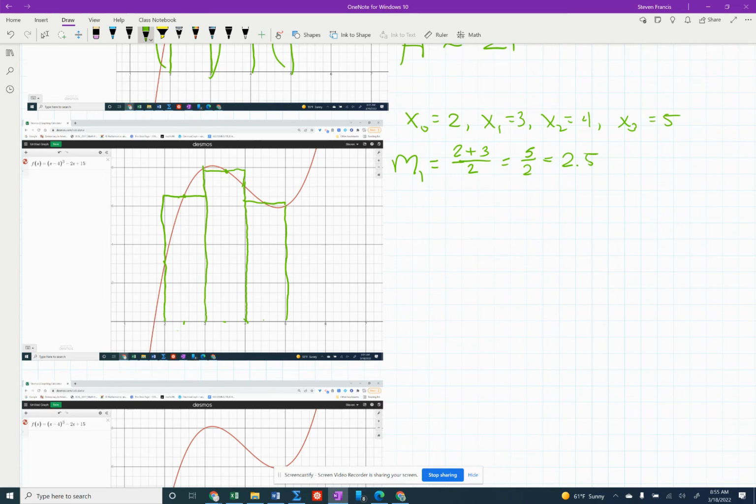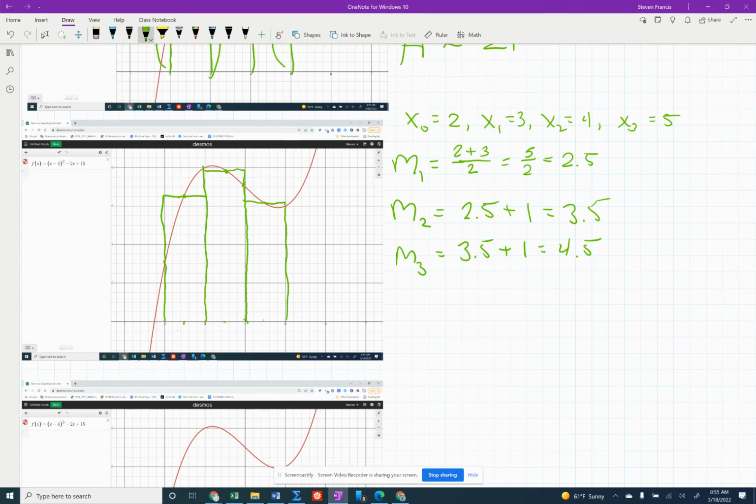Now, if my rectangles are nicely formed like this, all I have to do to find the next midpoint is keep adding delta x like we did earlier. So all I have to do is add 1 to 2.5 to get the next midpoint, and then add 1 again to get the next midpoint. I could, although I don't want to because I'm lazy, do this averaging thing again on each subinterval.